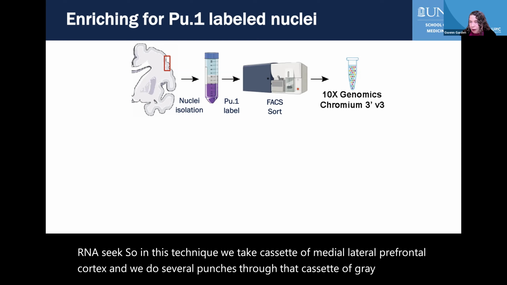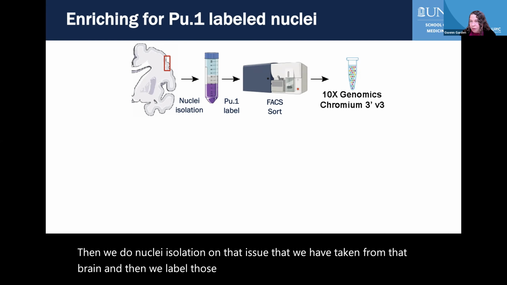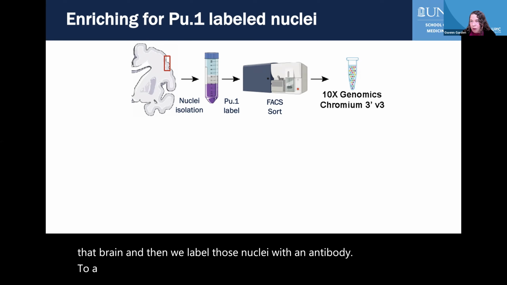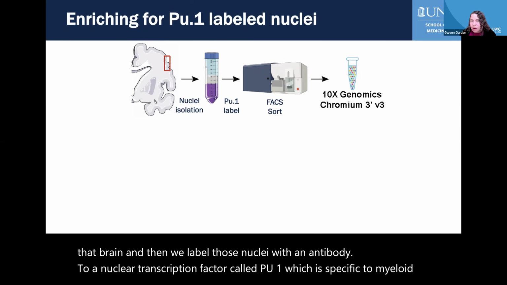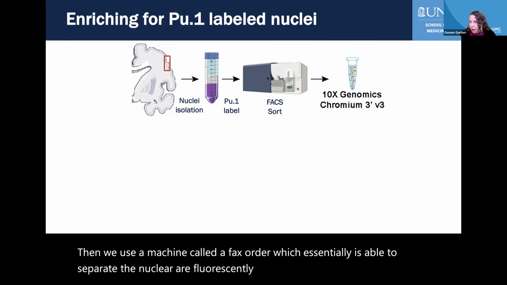Then we do nuclei isolation on the tissue that we have taken from that brain. And then we label those nuclei with an antibody to a nuclear transcription factor called PU.1, which is specific to myeloid cells. Then we use a machine called a FACS sorter, which is able to separate the nuclei that are fluorescently labeled from those that are not.